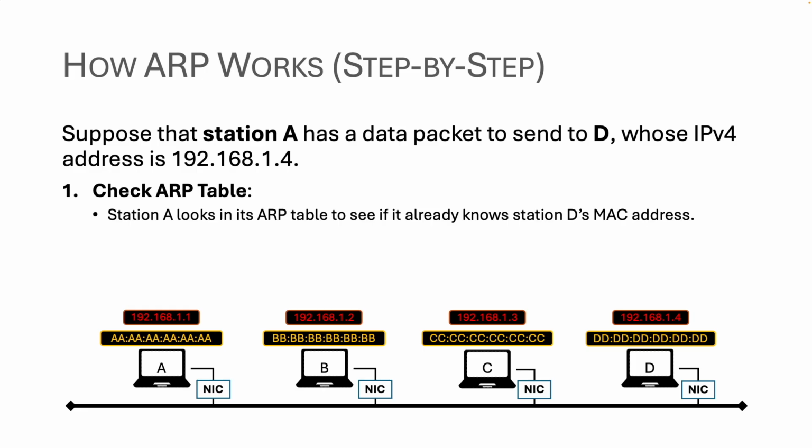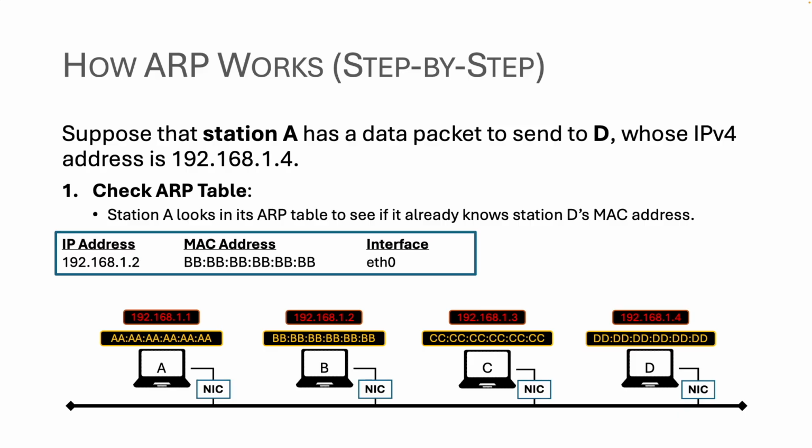Typically, each network station maintains a lookup cache that associates IP and MAC addresses. In other words, an ARP table. Thus, in this example, station A looks in its ARP table to check if it already knows station D's MAC address. As it can be observed, the ARP table of station A contains only the MAC address of station B.